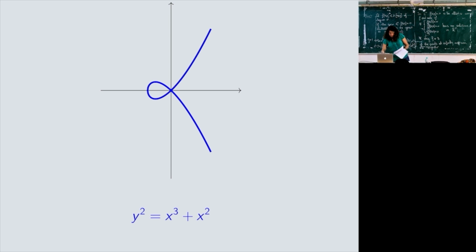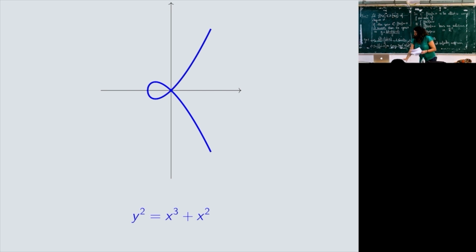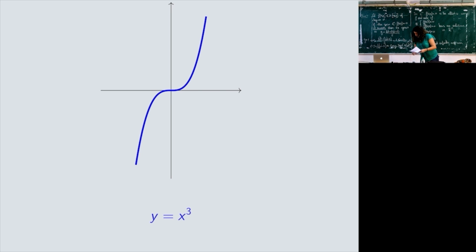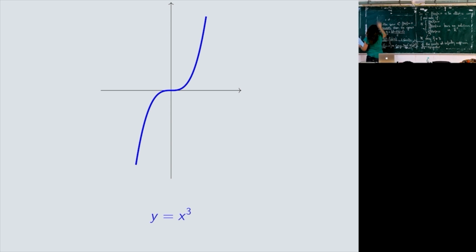Okay, what do I have later? Nothing. Okay, so the last two examples were these.